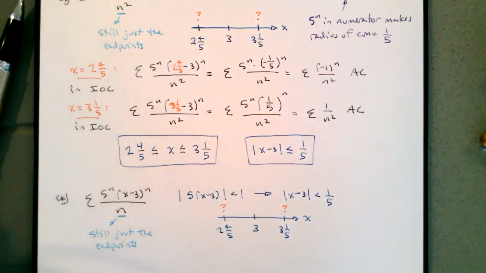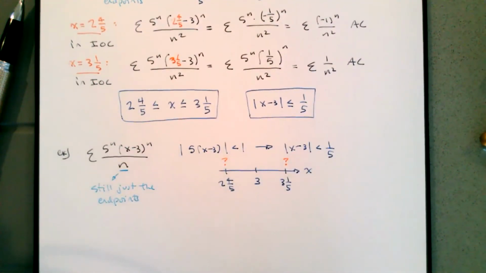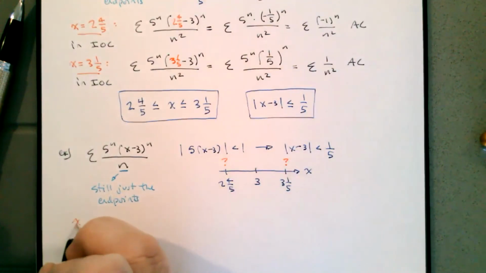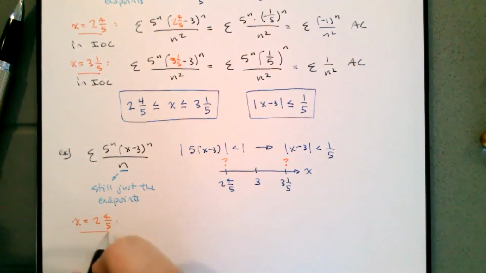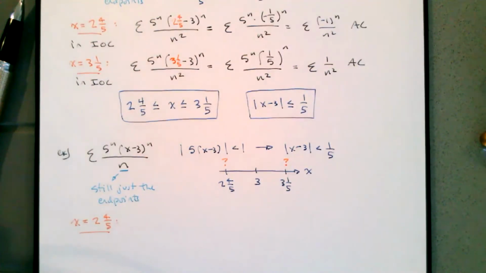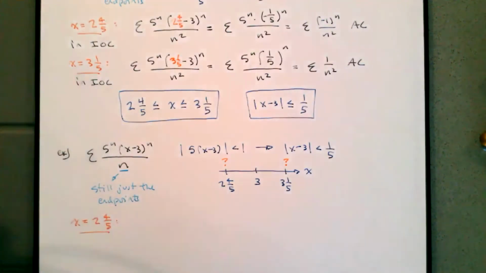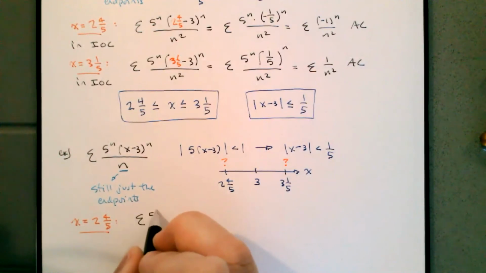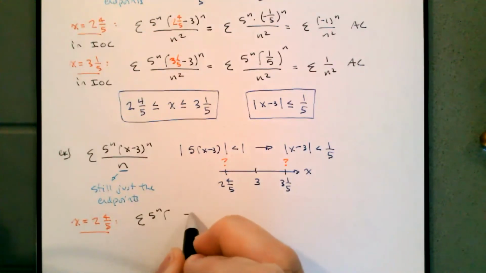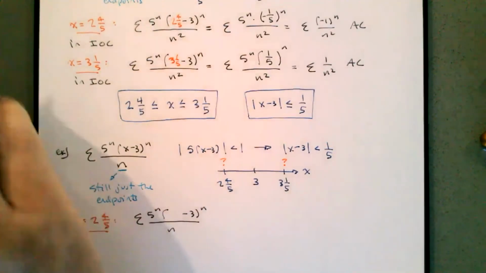Now something different is going to happen. Something different is going to happen because I changed the thing that would affect the endpoints. So let's see what happens at the endpoints. So when x is 2 4/5, our power series looks like 5 to the n times 2 4/5 minus 3 to the n over n.